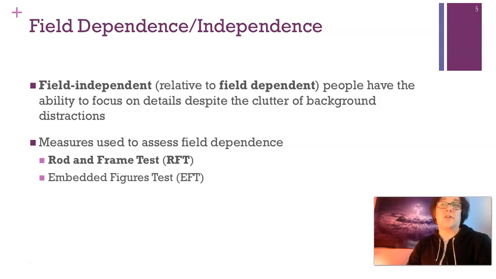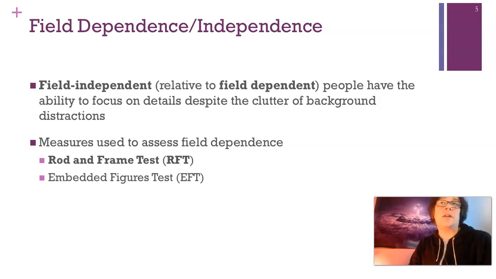The way that they process individual details of a particular scene, image, or any stimuli that they are presented with, they're going to be more reliant on the background in order to understand the specifics of this stimuli.